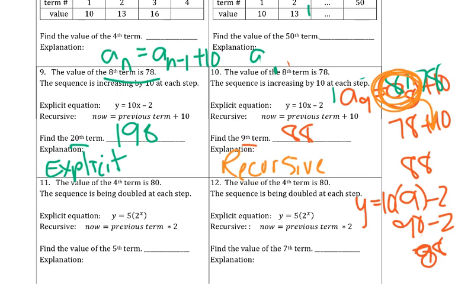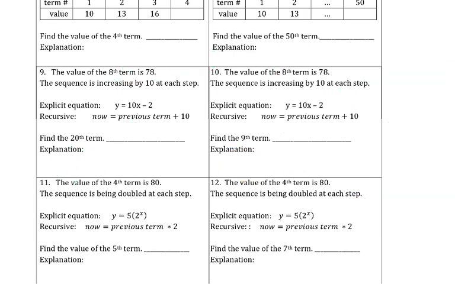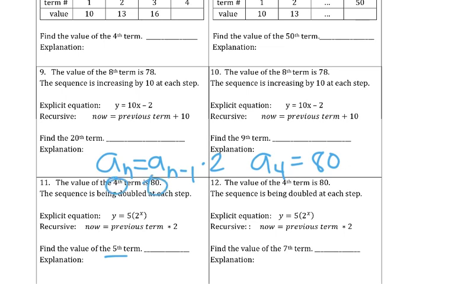Alright, let's see if we can not make any mistakes on the last two now. So it says the value of the 4th term is 80, so a sub 4 equals 80. The sequence is being doubled at each step, so a sub n equals a sub n minus 1 times 2. Okay, find the 5th term. Well, we should have recognized by now we have the 4th term, so just take 80 and double it. 80 times 2, 160. Okay, I could use the explicit here.